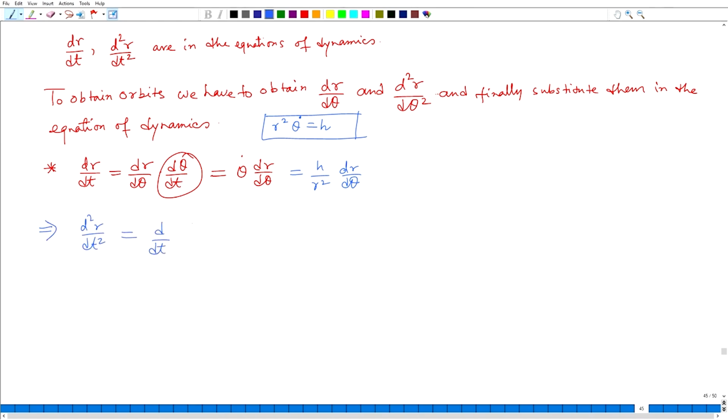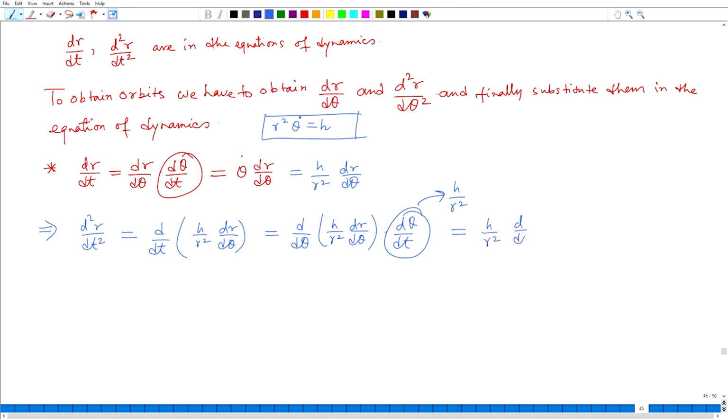And clearly the same way you can also write d2r dt2, which will be d dt of h by r square dr d theta. Then you can write d d theta of h by r square dr d theta times d theta dt. Again d theta dt is theta dot, which is nothing but h by r square. This is the routine work you have to perform at every step. So, it will be h by r square d d theta of h by r square dr d theta.